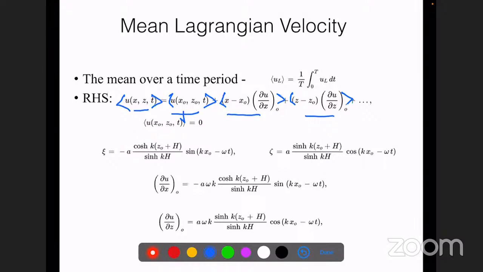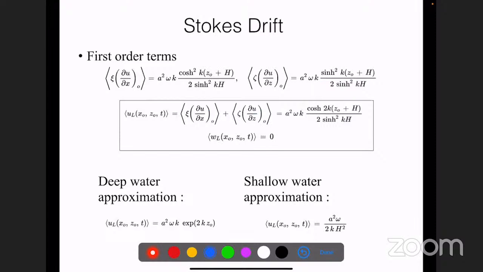Once you do this, you obtain that these would have non-zero time averages. And what does it mean? That the Lagrangian velocity averaged over one time period is non-zero. The Lagrangian velocity in the vertical direction averaged over one time period is 0, but the x component, in the direction of the wave propagation, averaged over one time period is not 0, which means after every time period there is going to be a net displacement.